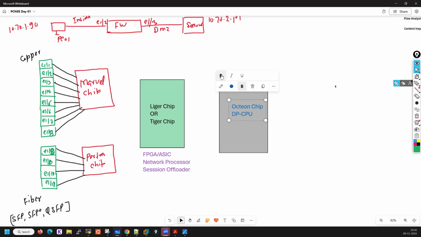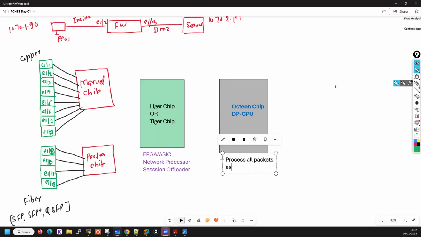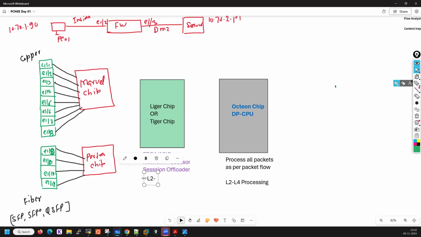It processes all packets as per the packet flow, and it is able to do layer 2 to layer 4 processing.